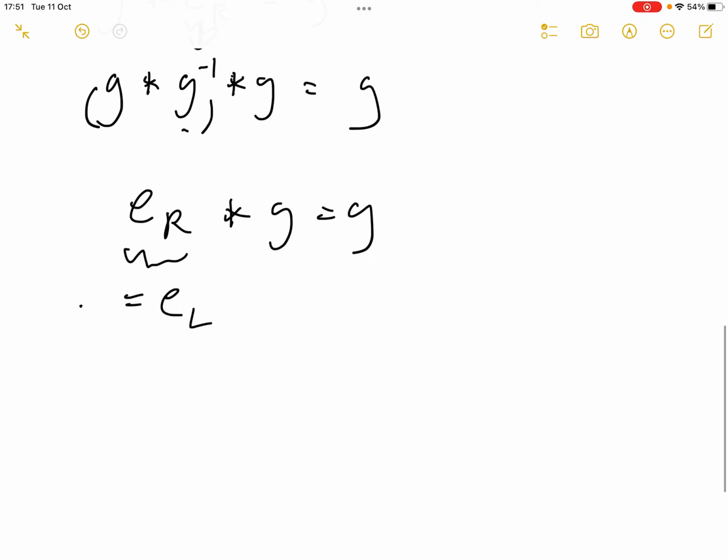And now we can just say E instead of right identity and left identity.